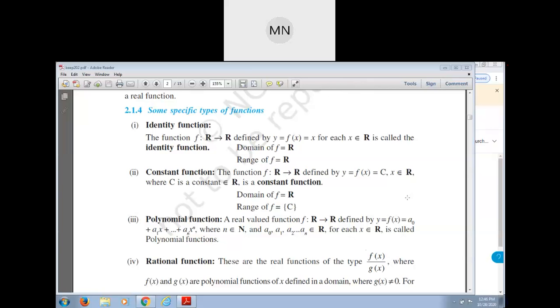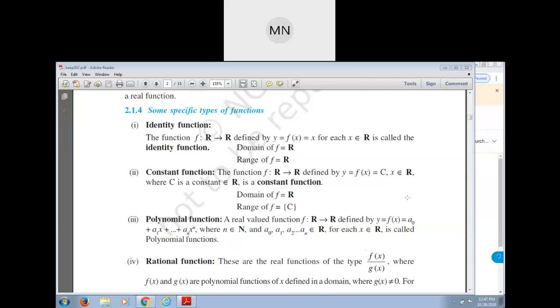Domain, codomain, range. These are already discussed. And function is what? Function is a special type of relation in which all elements of the first set are associated with a unique element of the second set. Suppose we define a function f from A to B, where A and B are two non-empty sets.